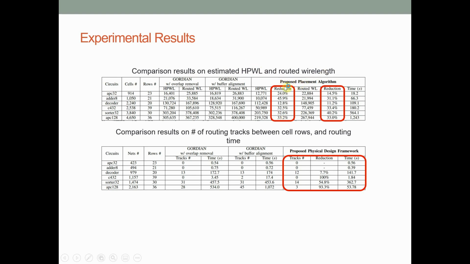We can see our proposed placement algorithm achieves a significant reduction in both the estimated total wire length cost and the actual wire length after the routing procedure. This reduction is from about 13 times to almost about 50%.